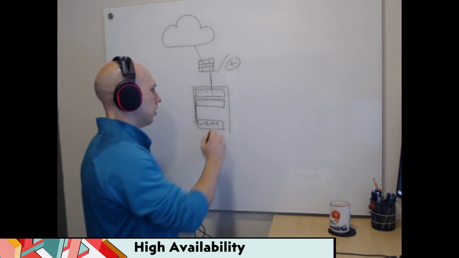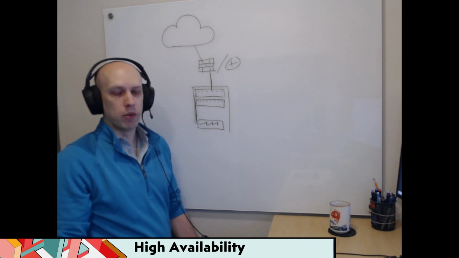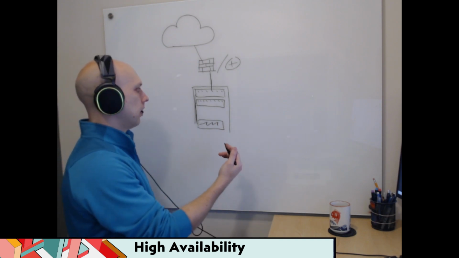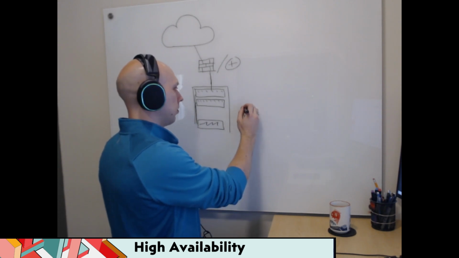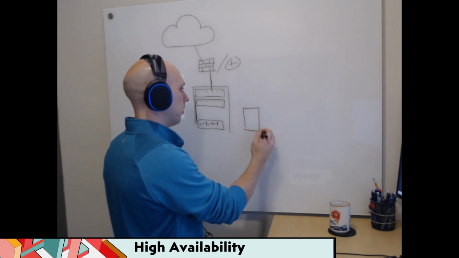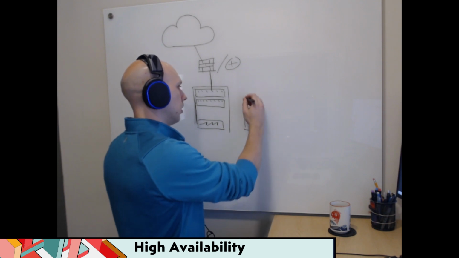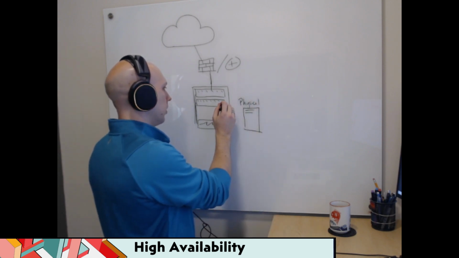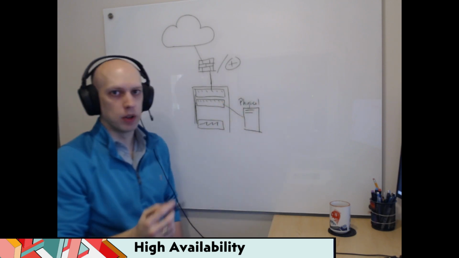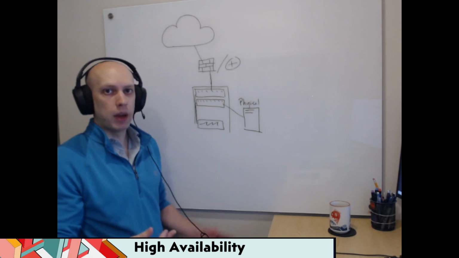So that's a terrible graphic of a power supply, but it works. And then finally, you have your servers, and I'm talking specifically about physical servers. And obviously this would be connected to a switch.